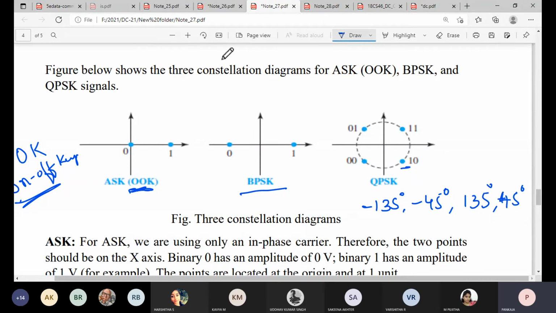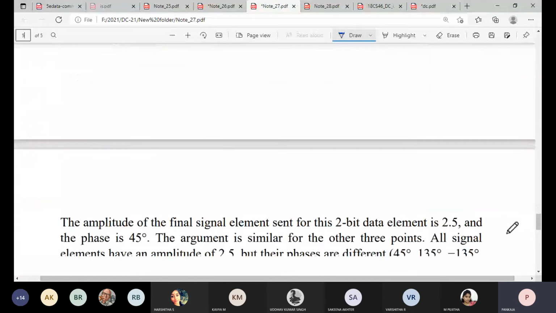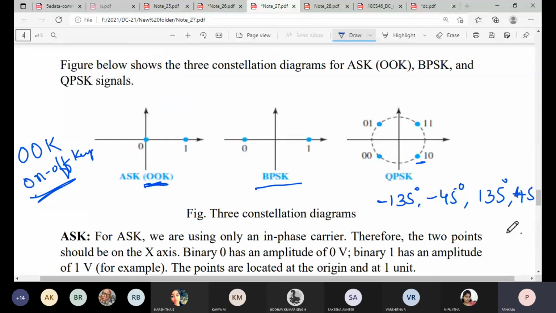So this is how you can write the constellation diagram. That will explain how the phases of the signal element are changed. So that finishes ASK.